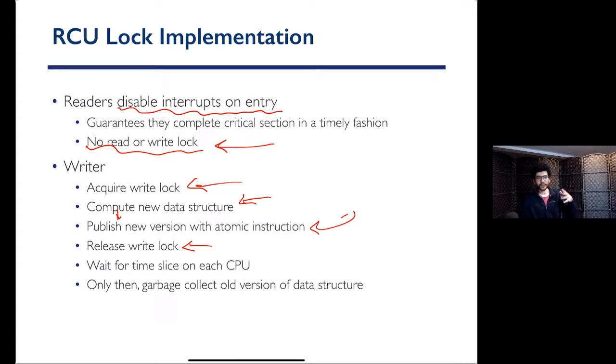So these guys have to acquire the lock because we don't want multiple writers. We want a single writer. So every writer acquires the lock before making changes. And then you garbage collect once the scheduler sees that all the readers that might have access to the old data are done.